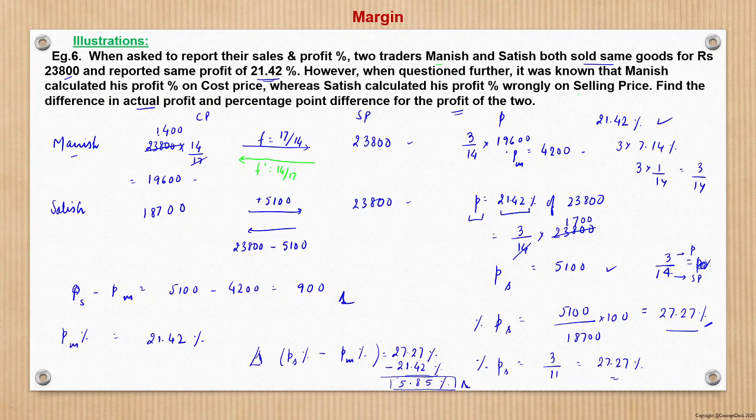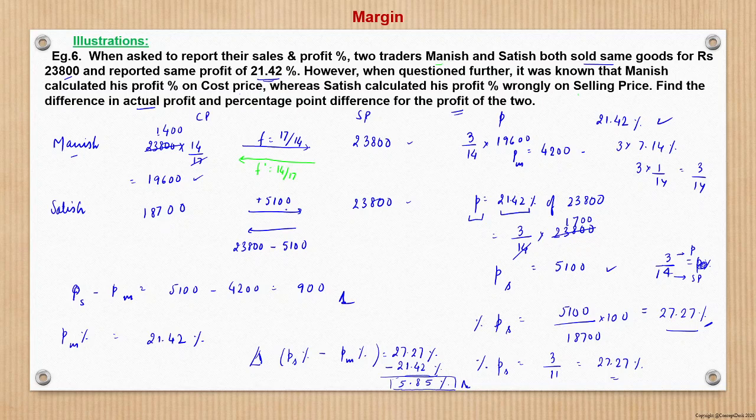So the profit percentage of Manish is correct. That is 21.42, no doubt. So 21.42 means what? That is 3 by 14. So the multiplying factor becomes 17 by 14. So from here we can obtain the CP for Manish, which comes out to be 19,600. This is not required also, but for the sake of the overall scheme of things, I'm showing how to calculate back the CP if SP is given.